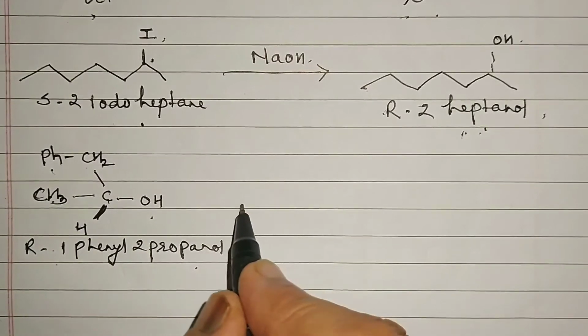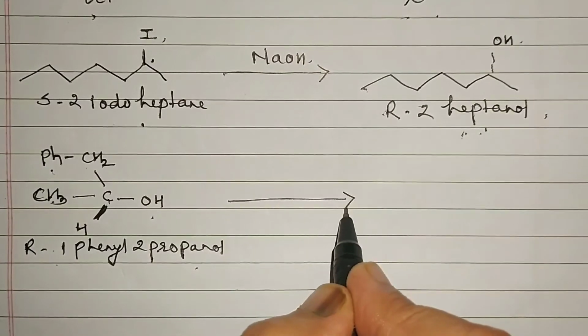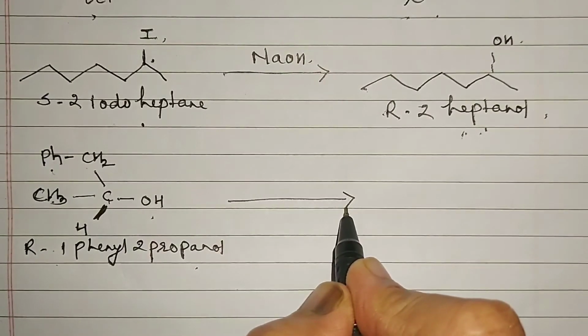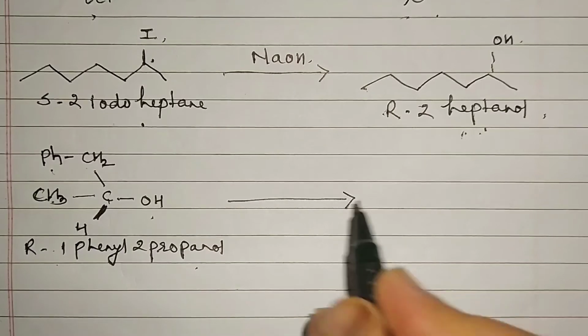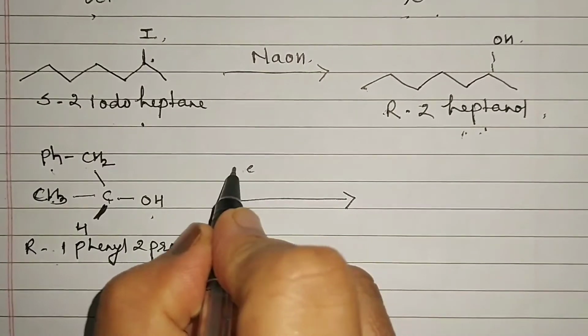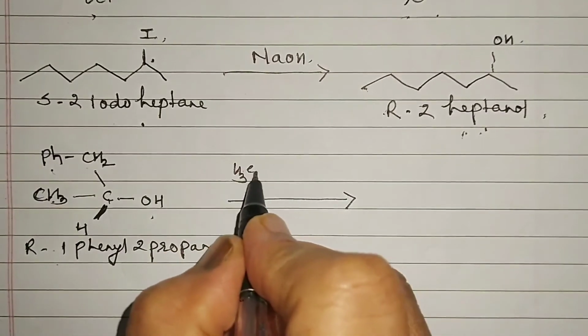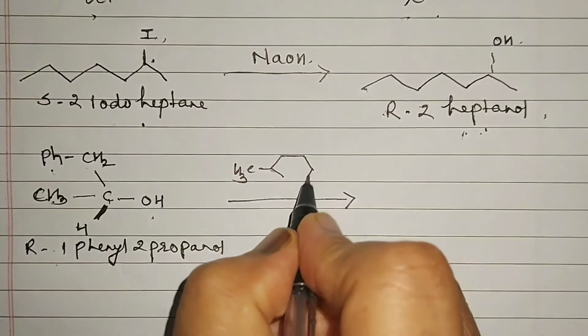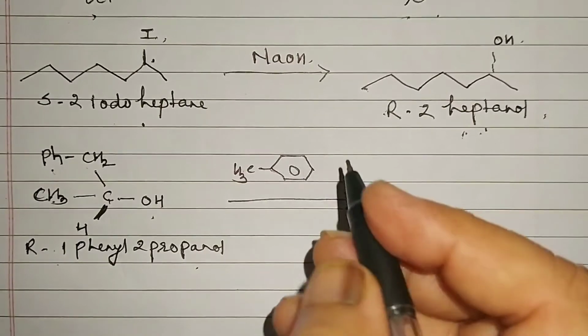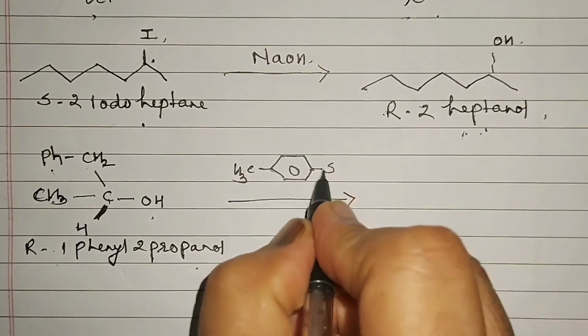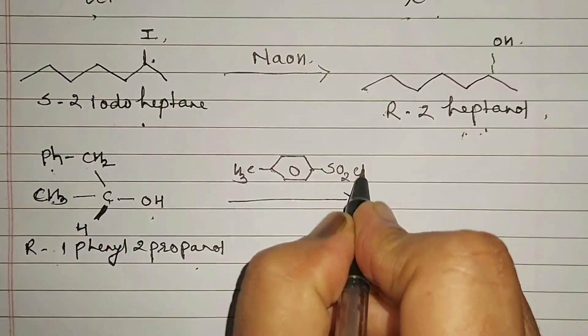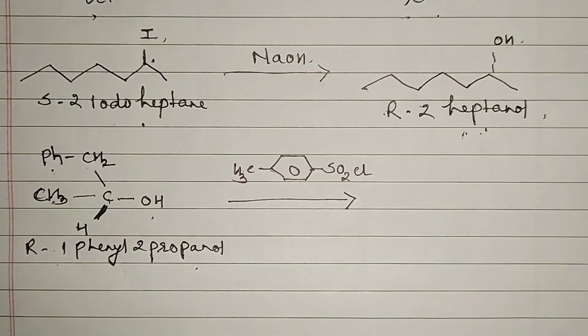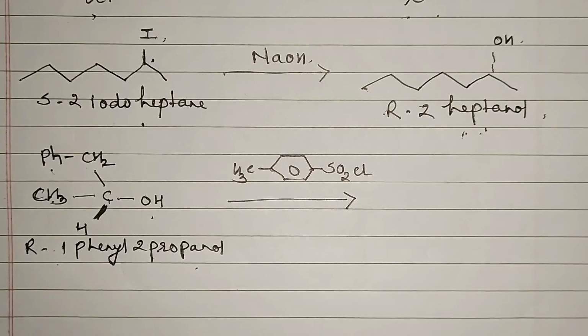When this compound reacts with p-toluene sulfonyl chloride, CH3, SO2Cl, this is p-toluene sulfonyl chloride.